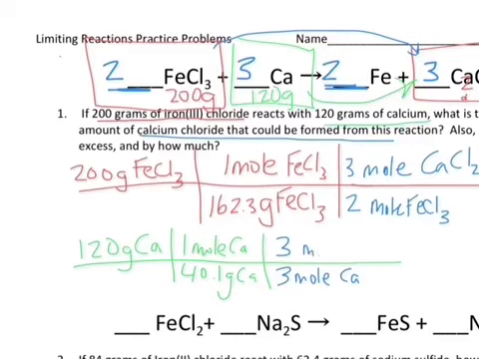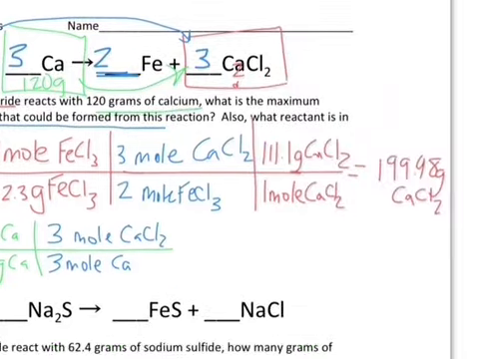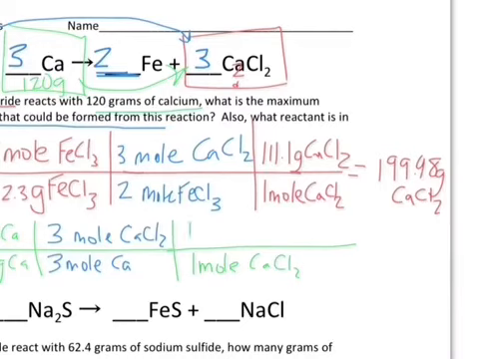Moles. I'm going to have my unit CaCl2. Alright, and we're going to finish it, and it's the same numbers as the one above because CaCl2 hasn't changed. 1 mole of CaCl2 still weighs 111 grams.